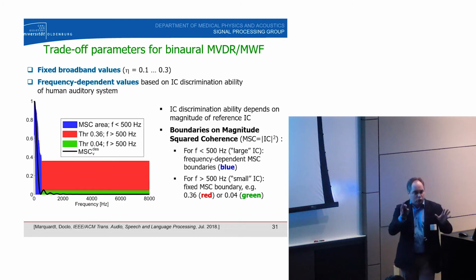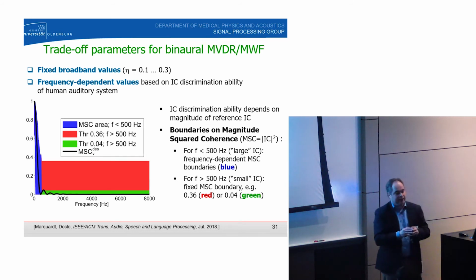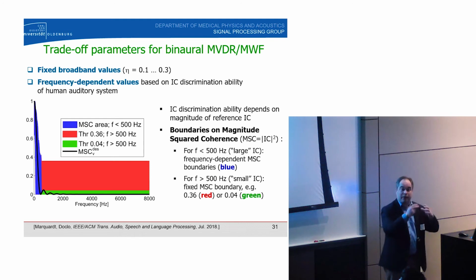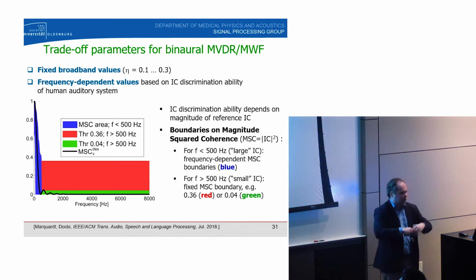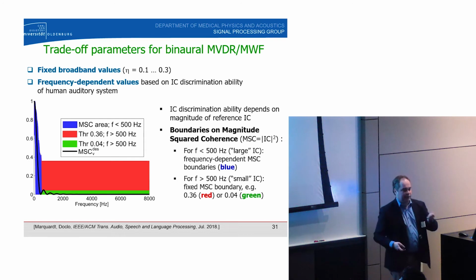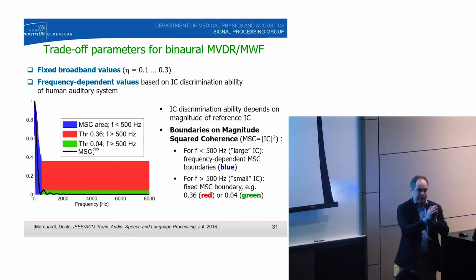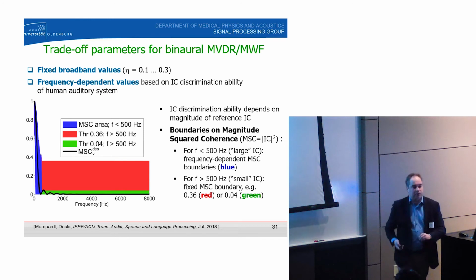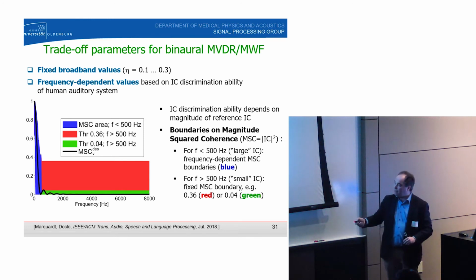It has been shown by several psychoacoustic studies that if the interaural coherence is quite high, then you should also preserve it, since it seems like a more localized source. If it's low, then you can mess it up a bit and nobody will hear it. So that's what it uses. It says if the interaural coherence is high, especially at low frequencies, then try to preserve it, not perfectly, but really try to preserve it within some limits. If it's low, then you can just mess it up.